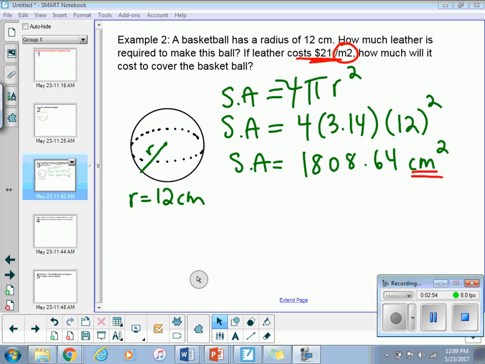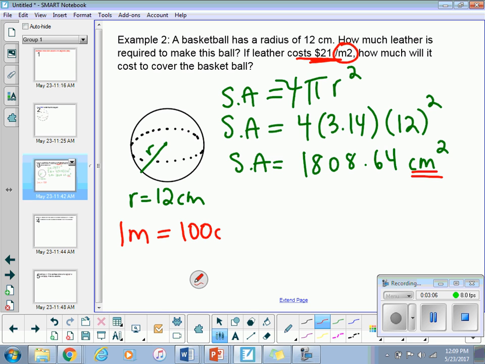Now, on the test, I'm not going to be asking you for conversions, so don't worry so much about this being on the test, but you already know that 1 meter is equal to 100 centimeters. However, because this is squared, typically we would move this over 2 times, because there are 2 zeros to convert to meters, okay?